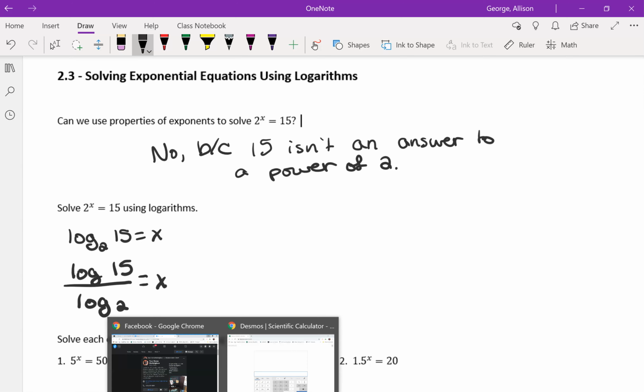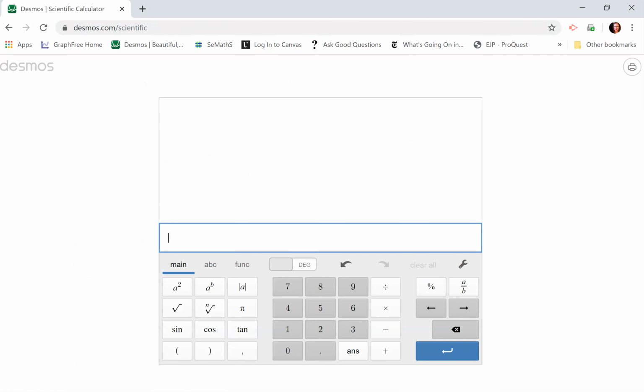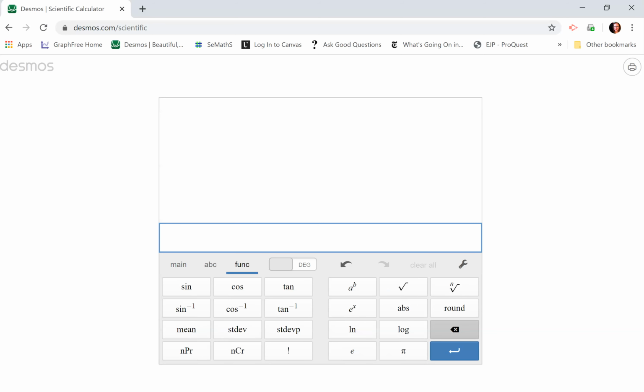You can use Desmos, or you can use the calculator on your phone. If you turn it sideways, all that extra stuff will pop out and you'll have the other features. If you're using Desmos, I'm using the scientific one, you can still get at this from the graphing calculator as well. If you hit functions, you get a whole bunch of extra stuff, and then right here is log.